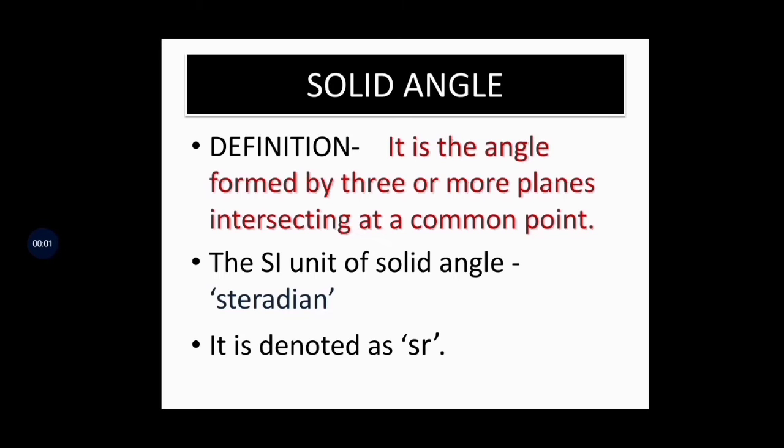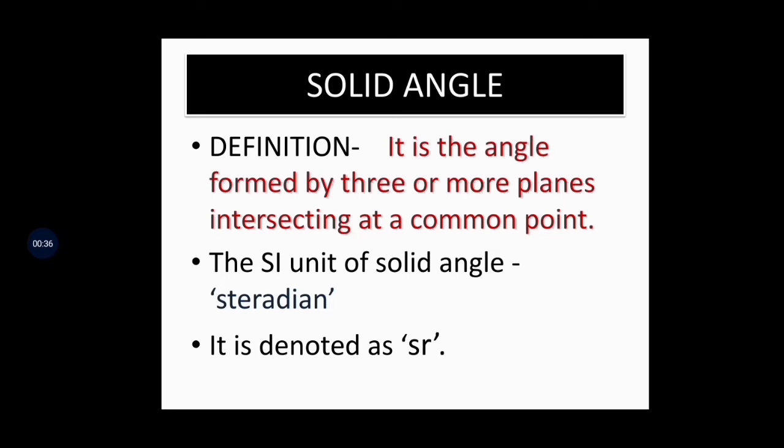Children, you have watched the video, right? So from the video, it is very clear that the solid angle is defined as the angle formed by 3 or more planes intersecting at a common point. So if you take a plane angle, it is an angle formed by the intersection of 2 lines. But the solid angle is the intersection of 3 or more planes at a common point.